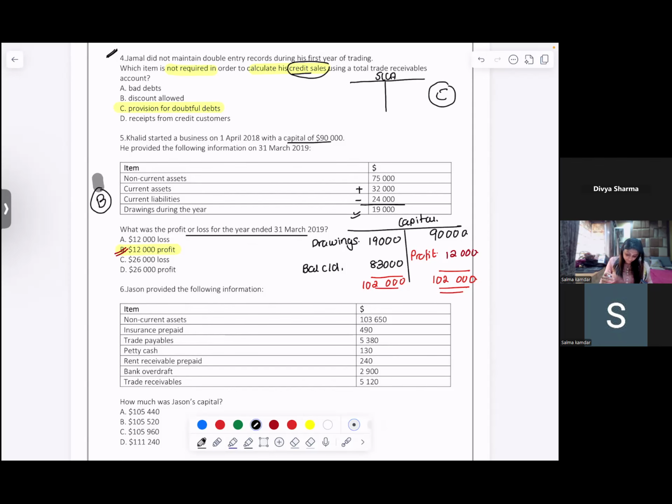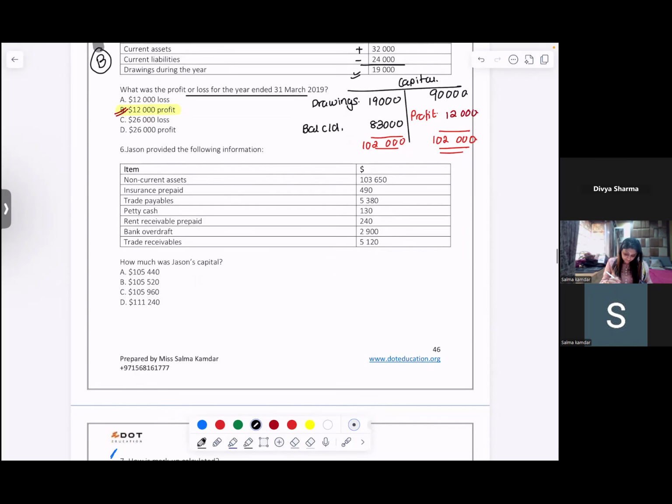So in this, basically, you just find his capital. You'll add all his assets and you'll minus all his liabilities. The ones I have to minus, I'll put in bracket. Trade payable.